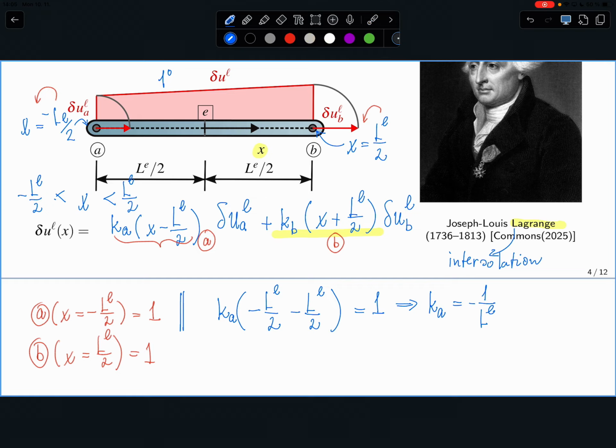So as a consequence, I will see that this KB times LE over 2 plus LE over 2 equals 1, and hence the second scaling constant has the same absolute value as the first one, but it has opposite sign.